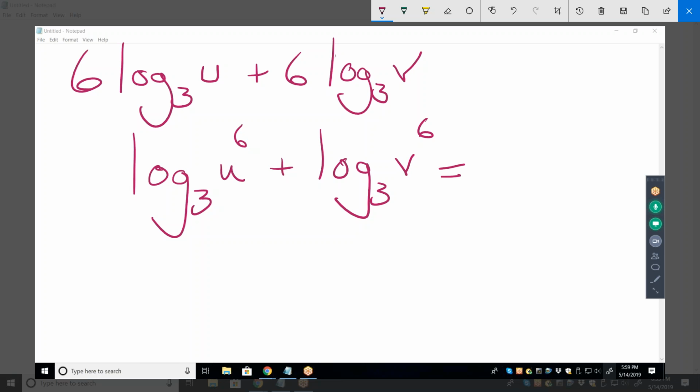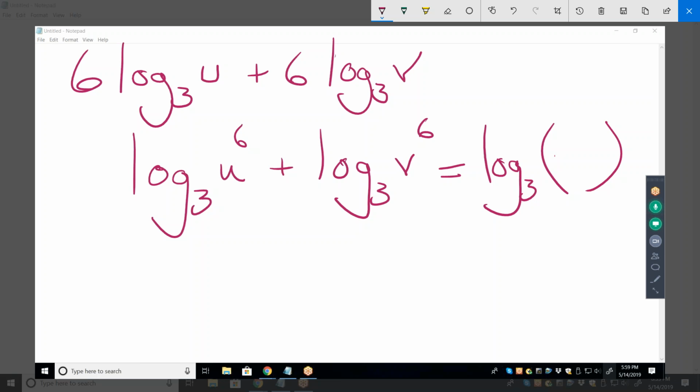Now, compress them into a single log statement. What goes in those parentheses? We are adding the log functions. So what are we going to do with the arguments? We're going to multiply them.